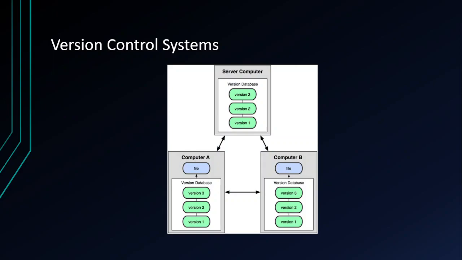So here is a diagram of what a distributed VCS looks like. Mayroon ka mo sa server computer, so mayroon tasang repository dire, mayroon makita repository sa computer A, and then sa computer B. Whenever I update the code on computer A, I am doing the change or I am committing the change on my local na repository.